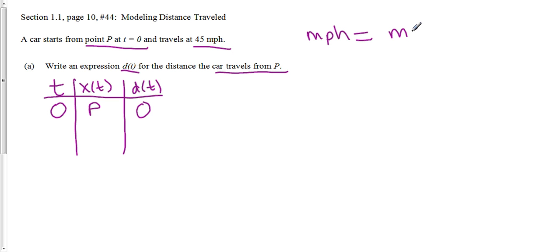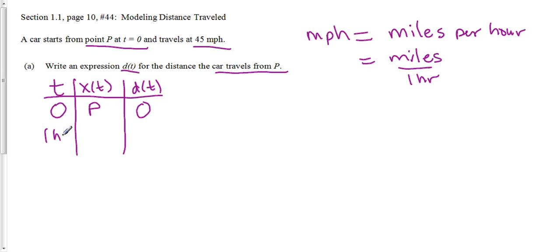Well, you see it in your car every day, and it's miles per hour, which we can write as a rate, miles per hour. So we know that every 1 hour, the car is going to move 45 miles. 1 hour might be a good next interval.